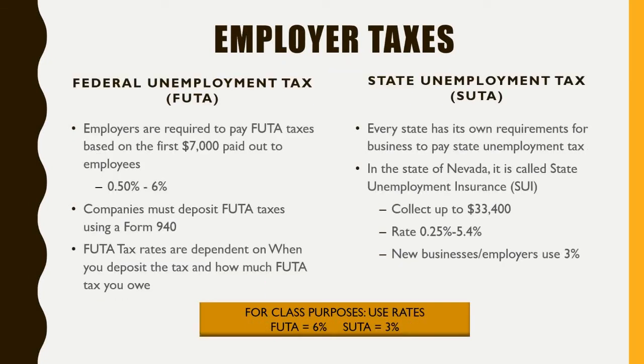Okay, so the next thing we'll talk about is other employer taxes. We are subject to pay into FUTA and SUTA. FUTA is short for Federal Unemployment Tax Act. This is the money that is reserved for when you either get fired and you can claim unemployment.